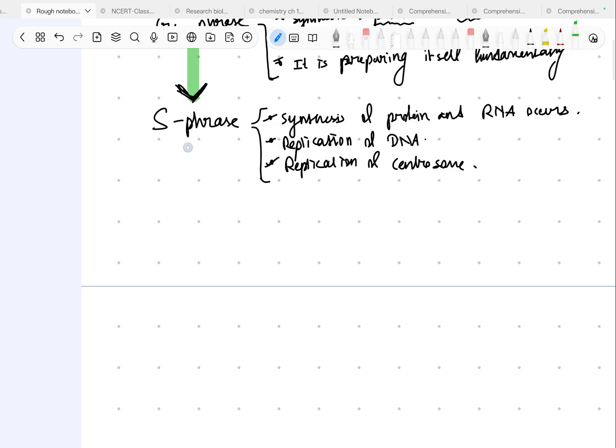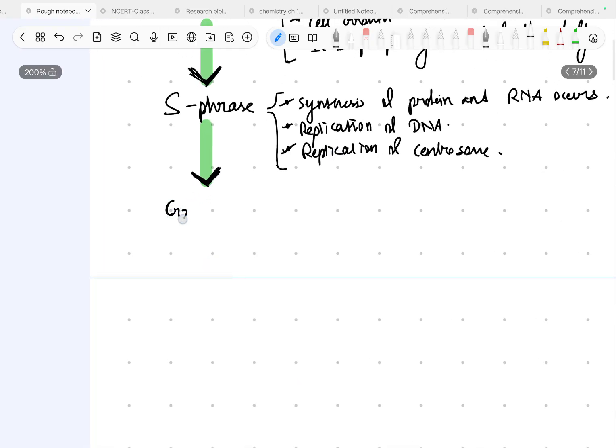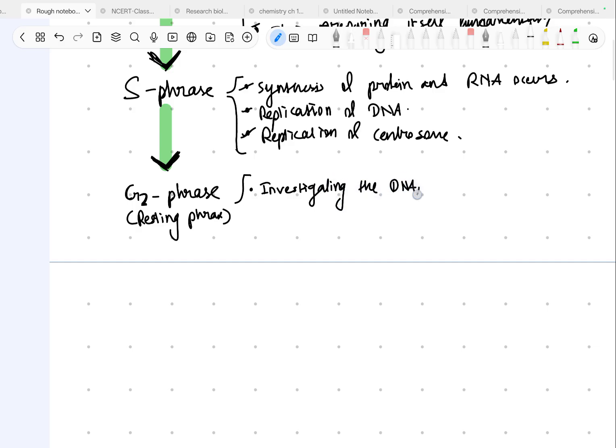Then comes the G2 phase. This is actually called the resting phase, but it is not really resting, because it is investigating the DNA, whether it is sufficient for division or not.